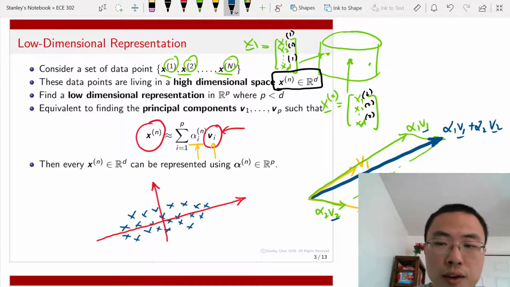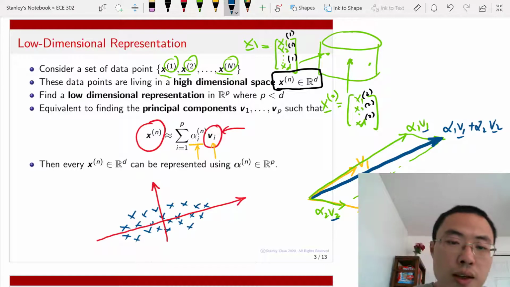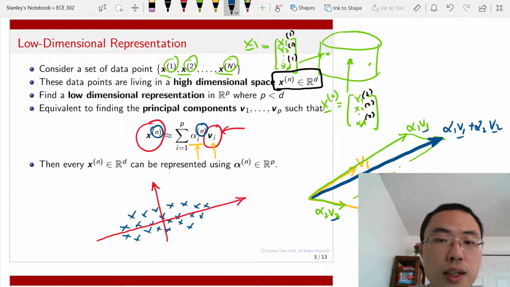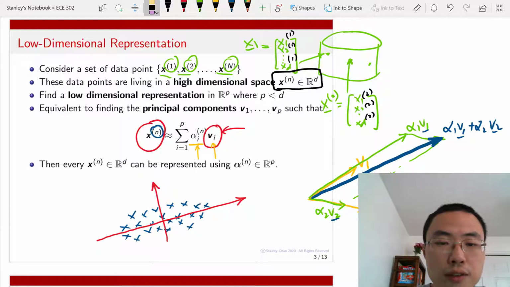So you see that for any data point x^n, I can represent it as a linear combination of these two basis vectors. Now, what is this n? This n has to correspond to the nth data point in my training set. And so if I have capital N data points, then for everyone I will have this small n as the index.